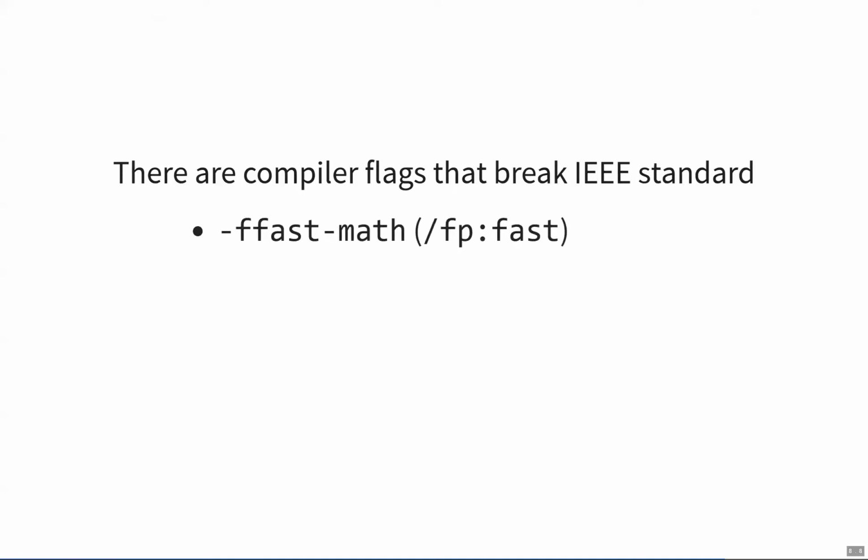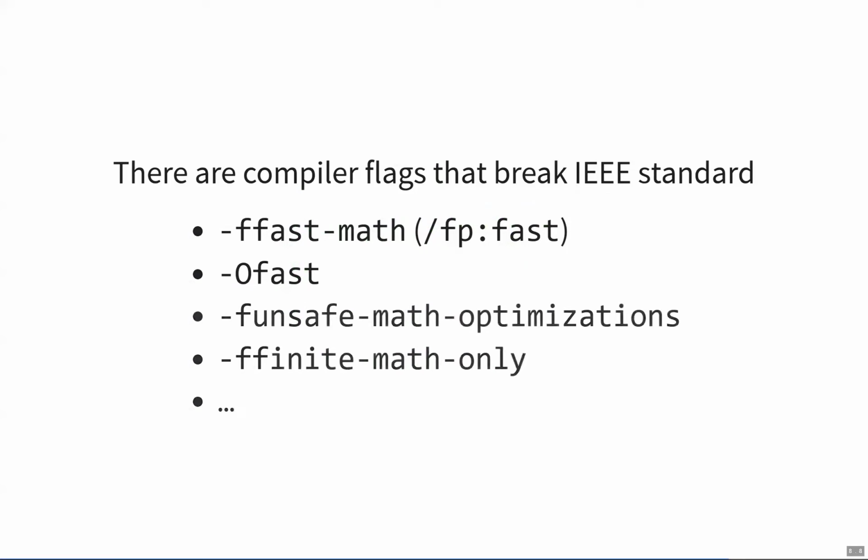Now we are purely in C++. We can say -ffast-math, which says ignore IEEE, optimize as much as you can. For MSVC, this is /fp:fast. Oh, -Ofast implies fast math, because of course it does. Why wouldn't it? Now there are some fun flags like -funsafe-math-optimizations, a bunch of them.